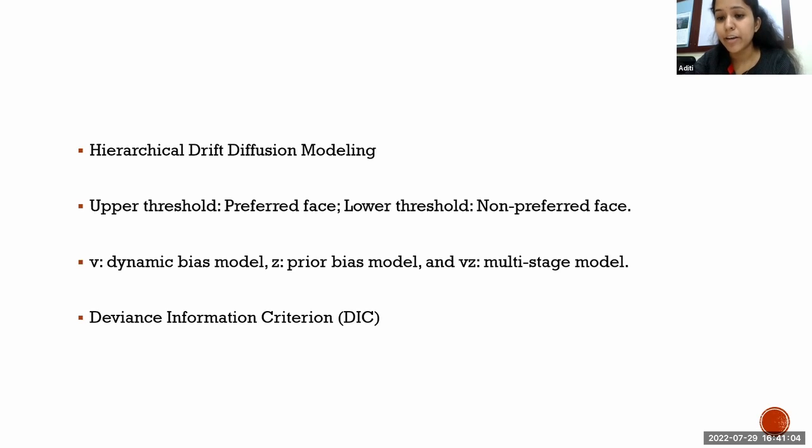To identify the mechanism by which self-face biases information processing, we calculated deviance information criterion values for models with V, that is the dynamic bias model, Z, that is the prior bias model, and V and Z both, that is the multi-stage model, when being allowed to vary as a function of Q congruency and Q time.